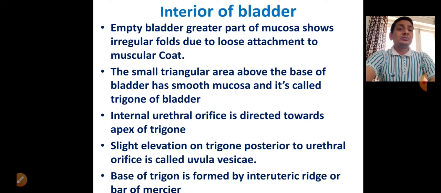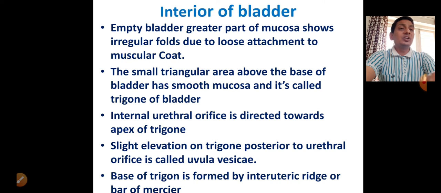That is why there are many irregular folds. The small triangular area above the base of the bladder has a smooth mucosa, and it is called the trigone.